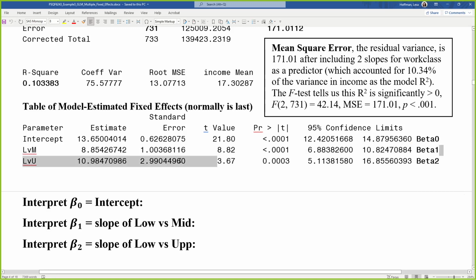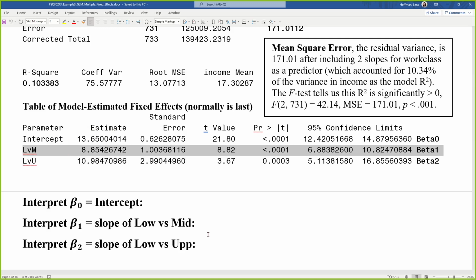So beta 1 is given by this row. The estimate is 8.85. That is not a predicted outcome. That is a slope. So what's a slope? This is another one we have to have committed to memory.